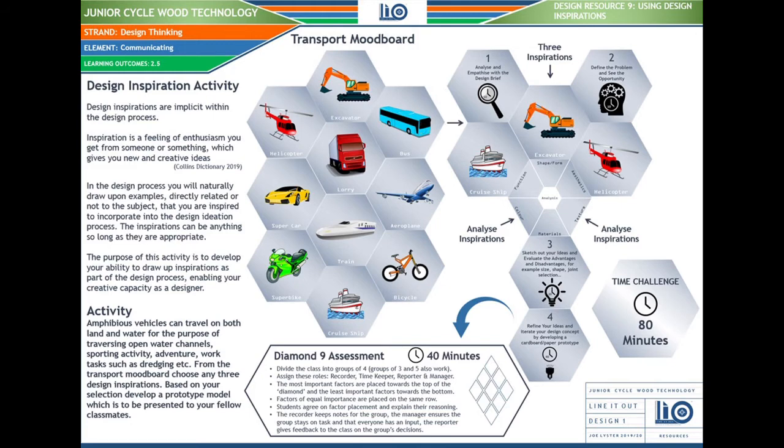And these are very typical modes of transport. So we begin by exploring our mood board, okay? And this mood board would be generated in advance by me to represent types of transport that are there, okay? And there's different uses for each of those.